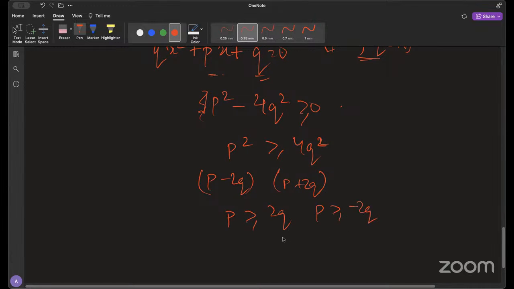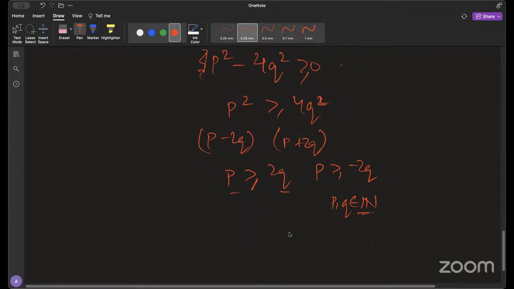That's not the case for every p and q. Let's just forget about integers. If you take p and q from natural numbers too, p, q are arbitrary, right? So you can take any natural number here. So if that happens, this is not always going to hold. Either you want this to be true or you want this to be true. So you'd want p to be greater than 2q and greater than minus 2q, or p to be less than 2q and less than minus 2q. Either this or this.